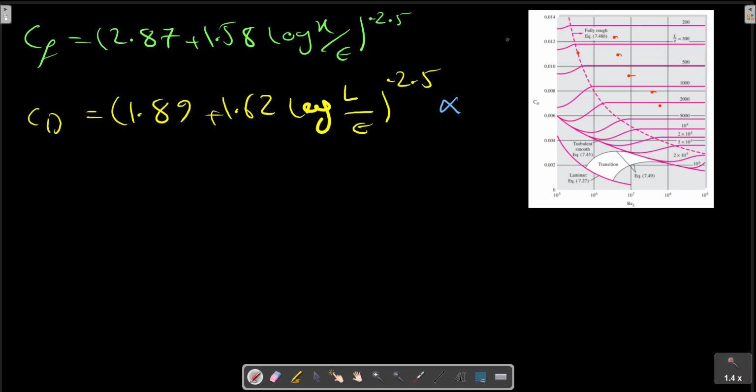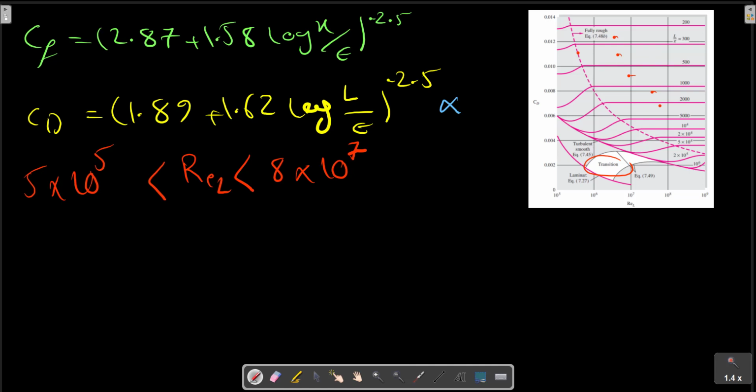The figure also shows the behavior of the drag coefficient in the transition region, shown in this picture here, where the laminar drag at the leading edge is an appreciable fraction of the total drag.